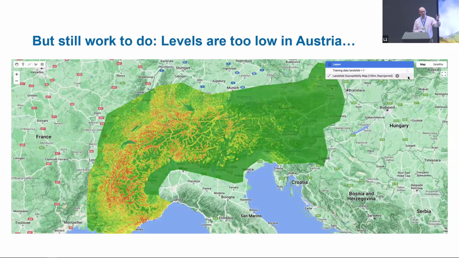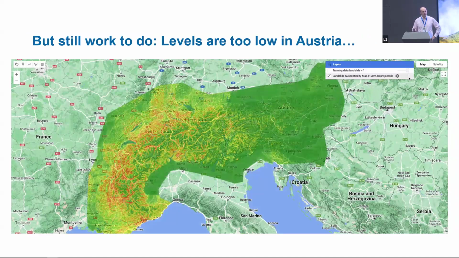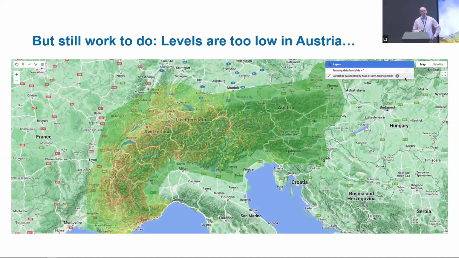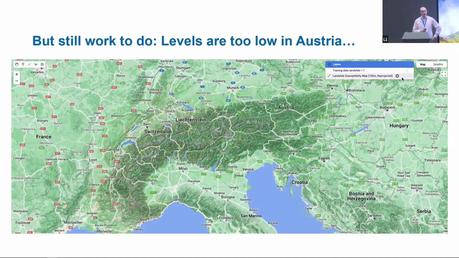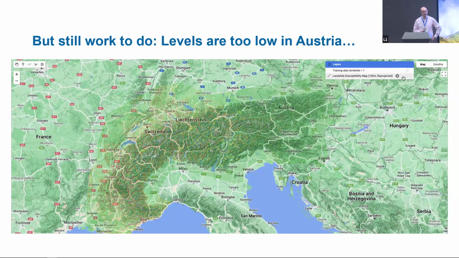We see this difference, this reduction in susceptibility as we head to the east, which doesn't seem coherent or what we would expect based on theoretical understanding. We would still expect relatively similar hazard intensity levels there as in France and Switzerland, of course.